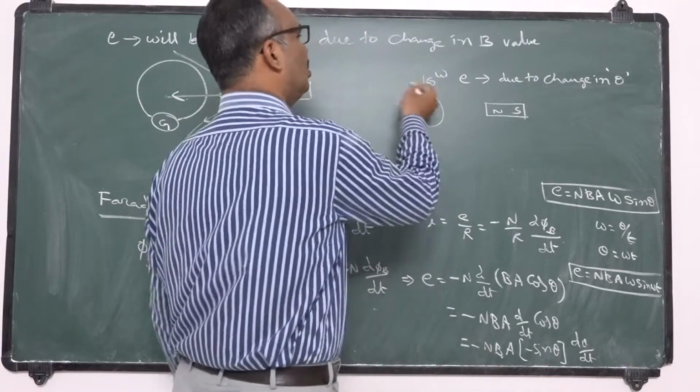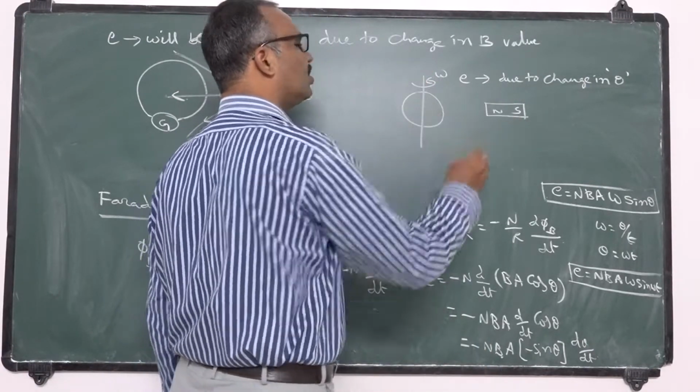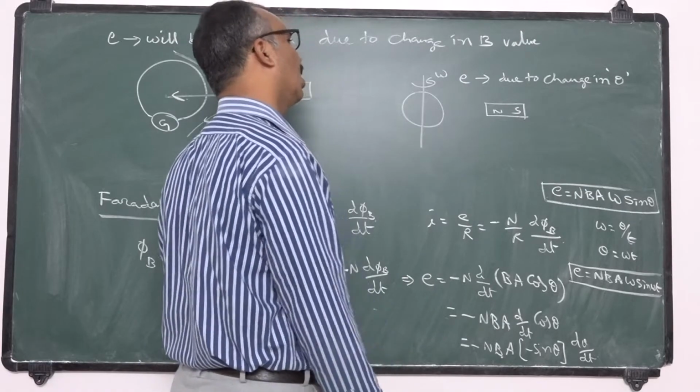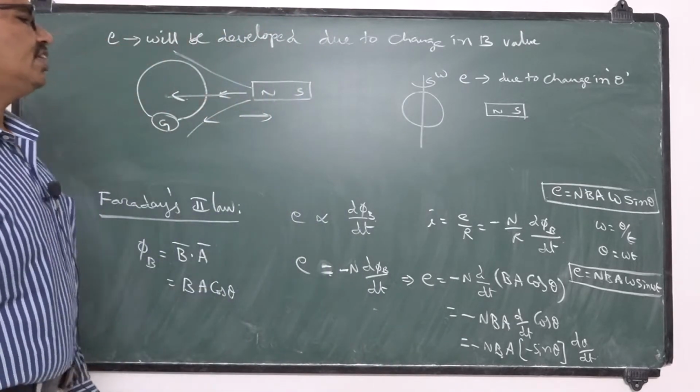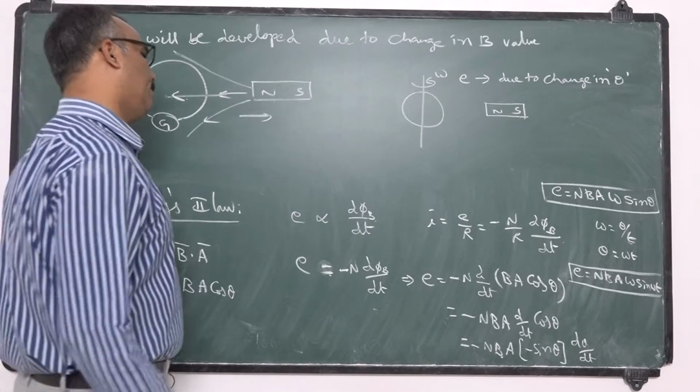Whenever the coil is rotating, the relative positions of the coil and magnet do not change. Change in theta value leads to the development of induced EMF or induced current.